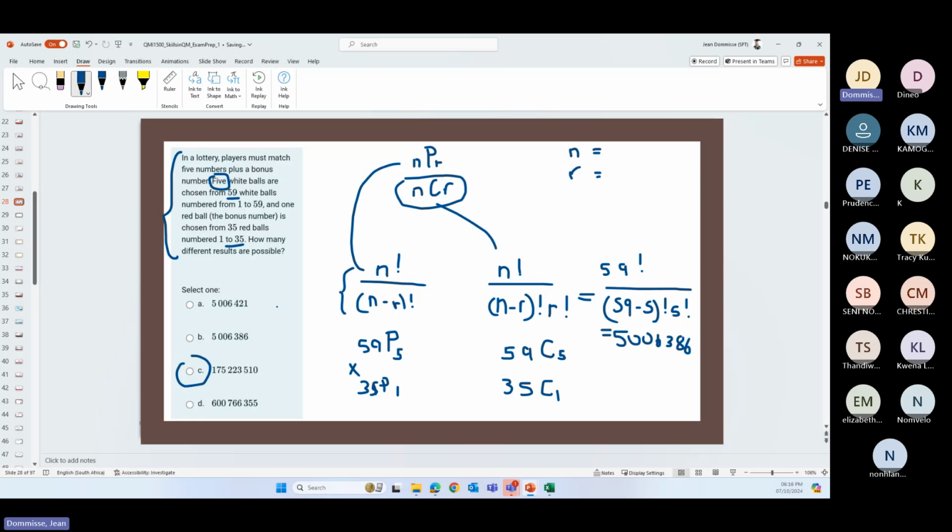And then the second one for the red ball is 35 combination 1, and that will just be 35, because you basically pick one number with 35 outcomes, so 35 times 1. And those two, if you multiply them together, you will get 175,223,501.